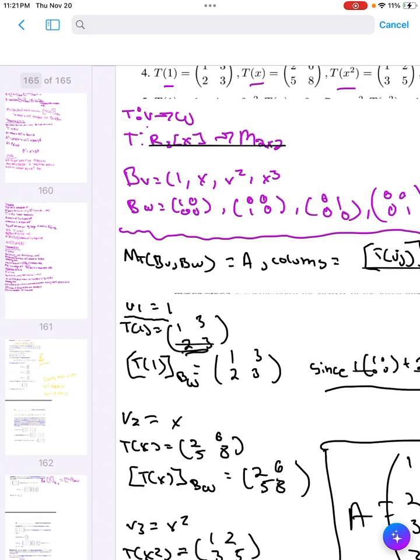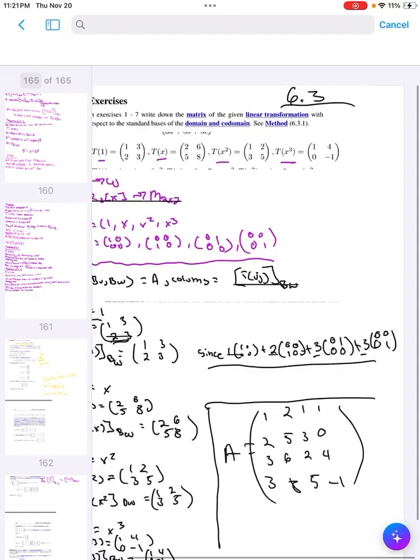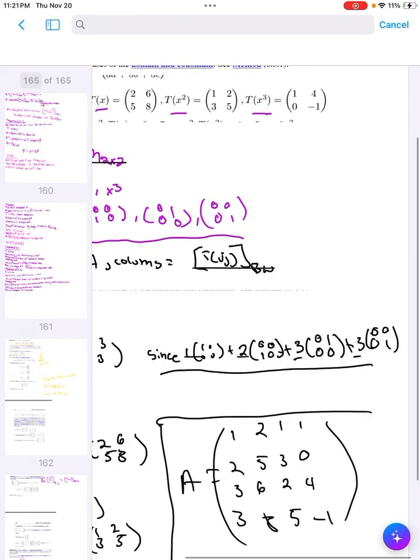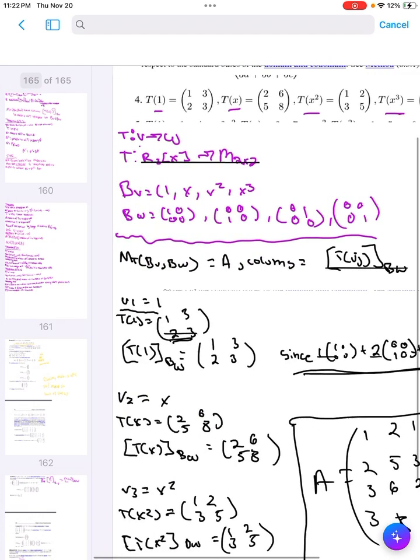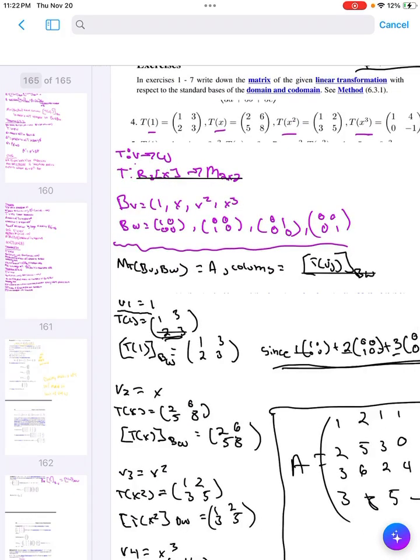And since we're working with standard bases of 2 by 2 matrices, finding the coordinate vector is simple, since it's just going to be that same matrix. In this case, it is 1, 2, 3, and 3, which is illustrated here, because those are multiples of the standard basis vectors, which gives you that matrix. And so we repeat that same process.